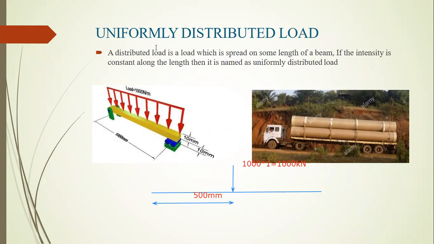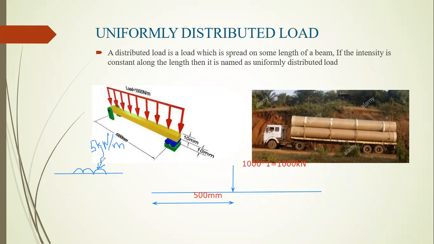Suppose, for instance, let us consider one beam. UDL can also be represented like this. Let us consider the magnitude of this as 5 kilonewton per meter.